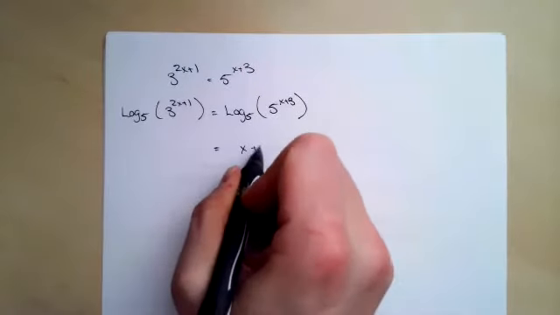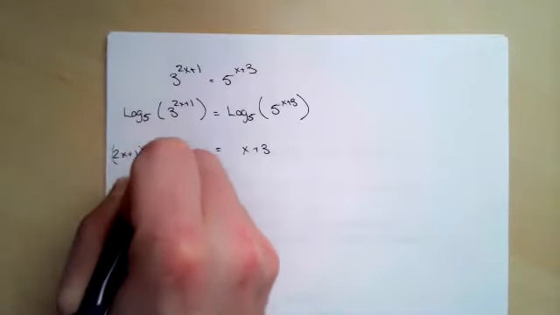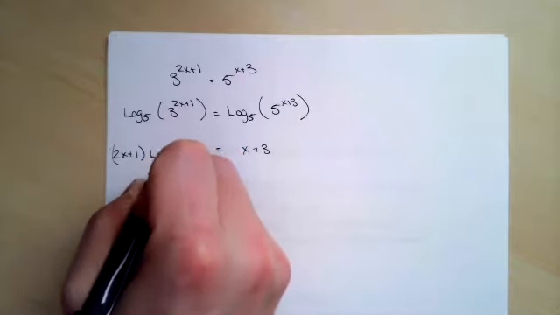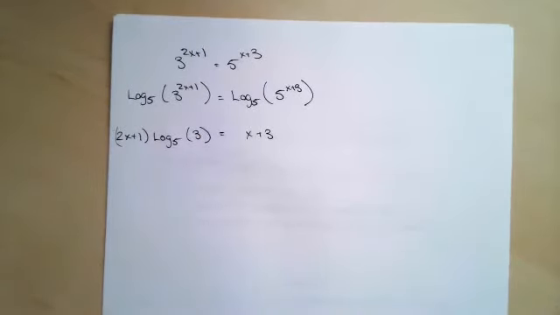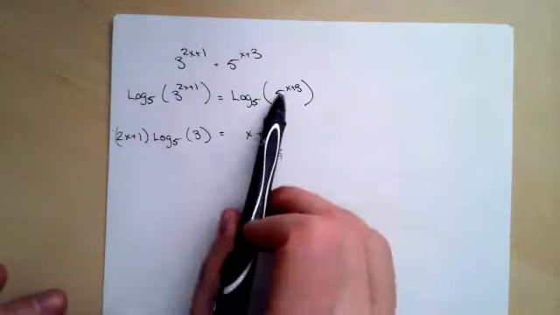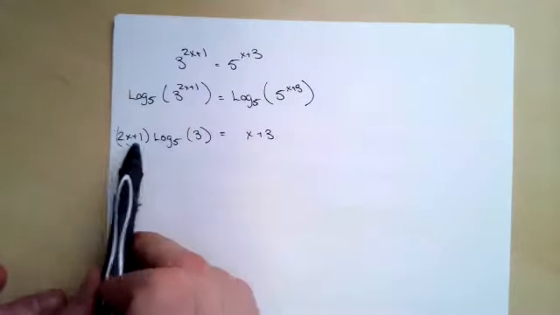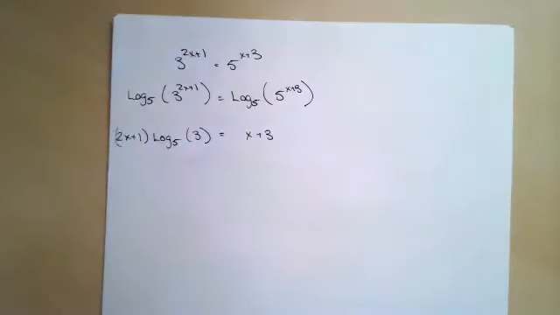It'll just simplify to x plus 3. But the left side will move the exponent down as a constant out front. And we're left with this multiple of log base 5 of 3 that we'll have to distribute. So we see how logs help us no matter what the base is, because they move the variables that are in exponents out front in terms of multiplication. And now we are just back to straight polynomial problem solving.